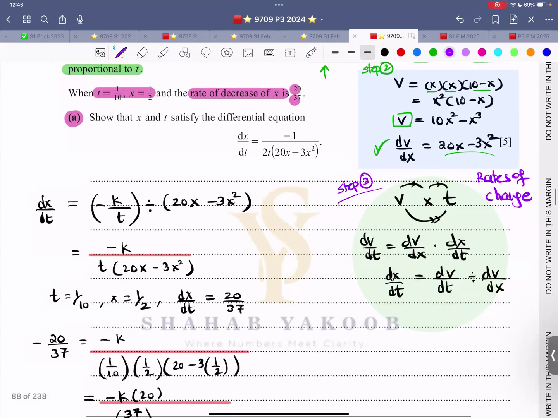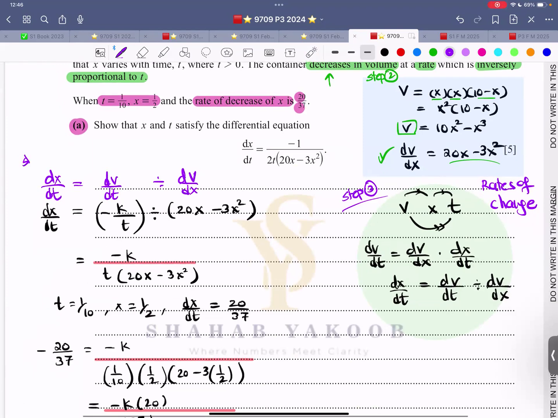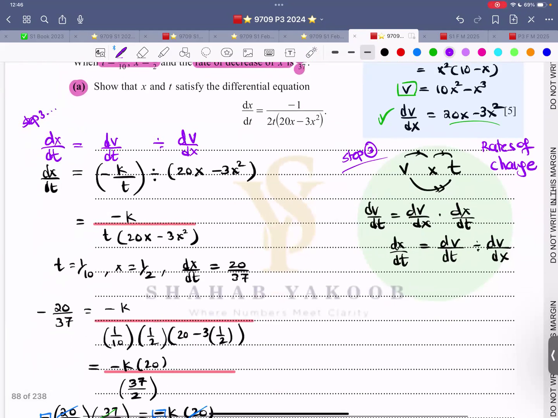This is dx by dt. Now we are working it out. Step 3 continued. So now over here, this is negative k over t, divided by 20x minus 3x squared.